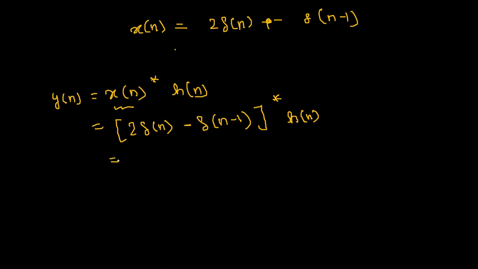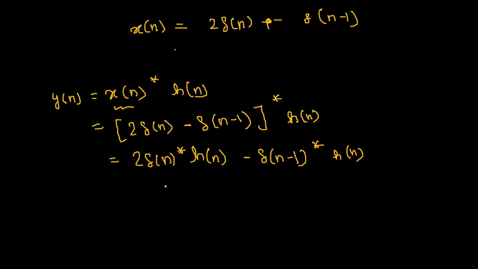So this can be written as 2 delta of n convolved with h of n, minus delta of n minus 1 convolved with h of n, right?